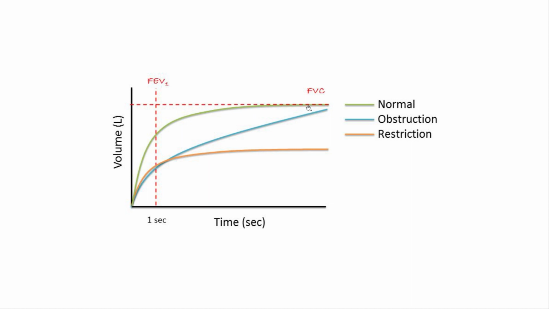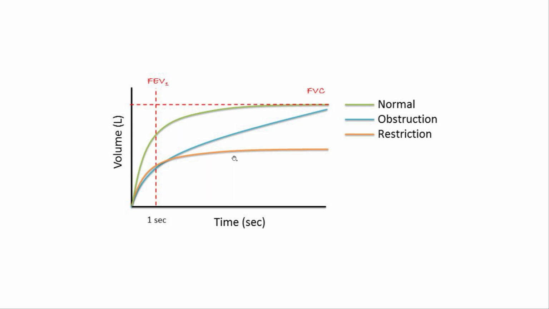But if you look at the green line versus the orange line, it's been shifted down, and that's because the volume of FVC is lower. What this means is that the FEV1 to FVC ratio is preserved in restrictive lung disease, because even though you've got a lower FEV1, you have a proportionally lower FVC.